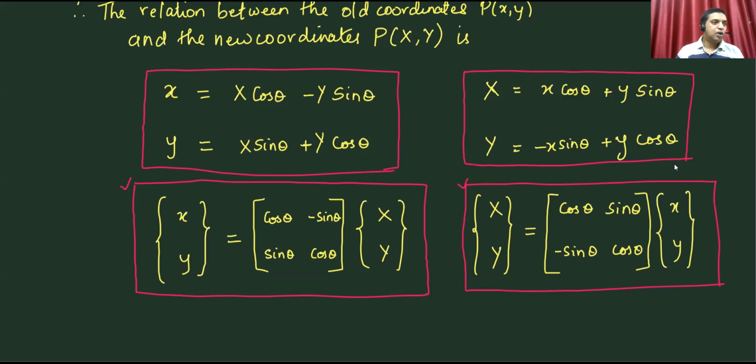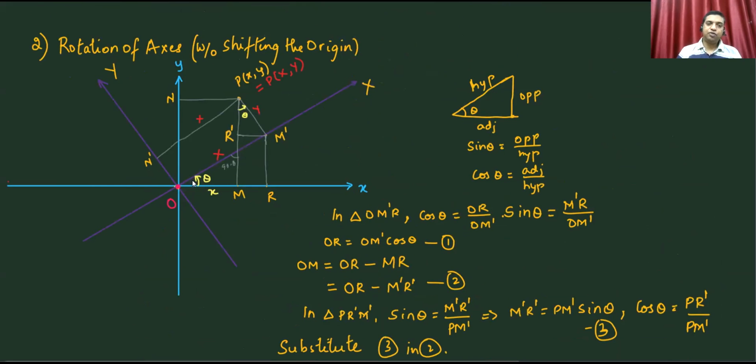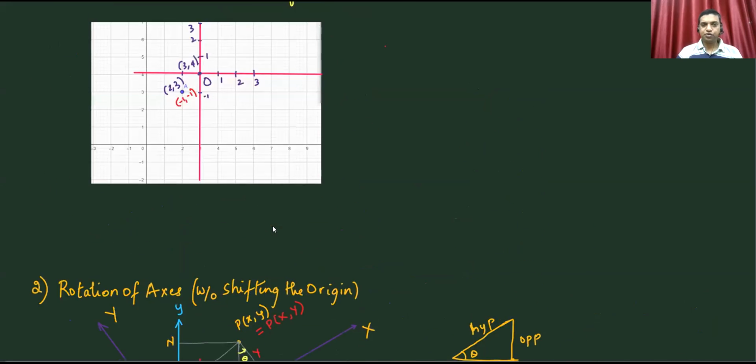So now, when you do rotation and then translation, axes are rotated by theta, and then this rotated axis is again shifted to another point, another new origin. Then what happens? That is two steps.